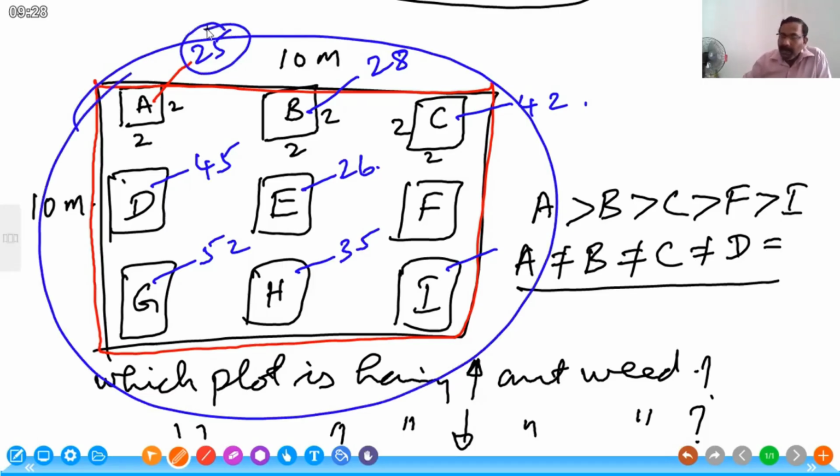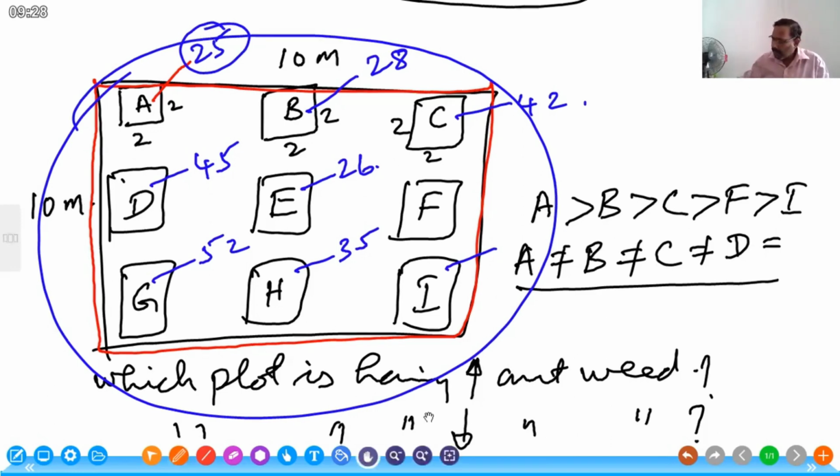Because we are going to see how many weeds are killed by this weedicide, isn't it? So the initial level should be same to test.